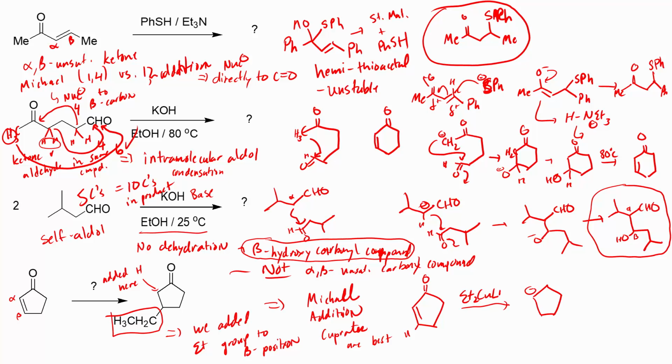Okay, this is going to give us this, and we're going to add weak acid to put a proton on the alpha carbon. Okay, that's not really the important part of this. The important part really is adding the ethyl group to the beta position. Okay, so this is a Gilman reagent.